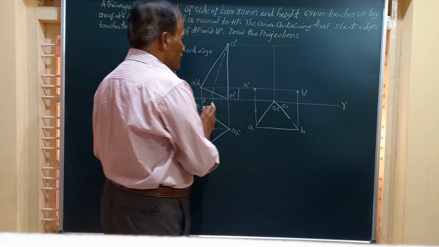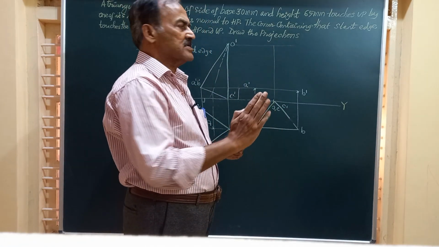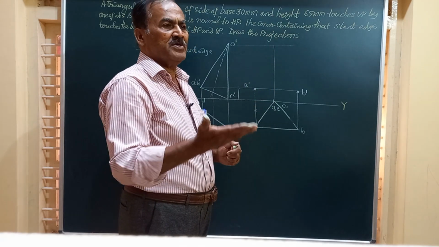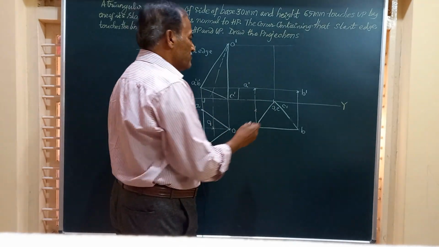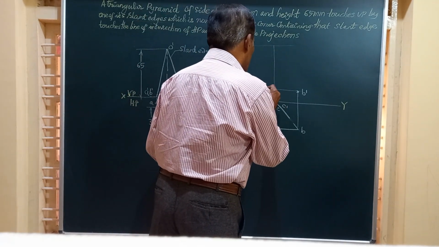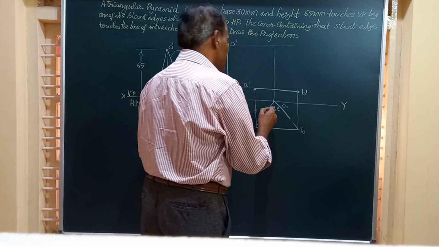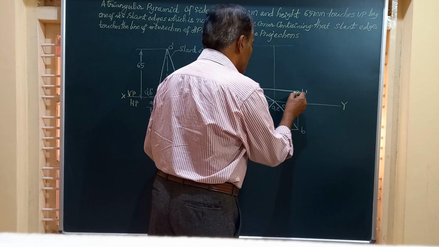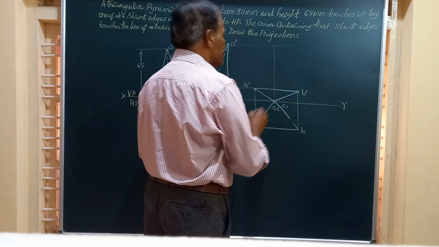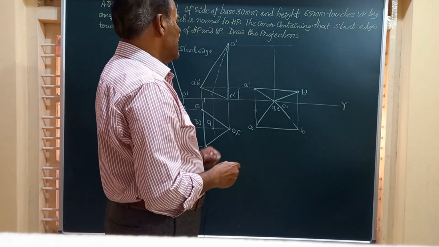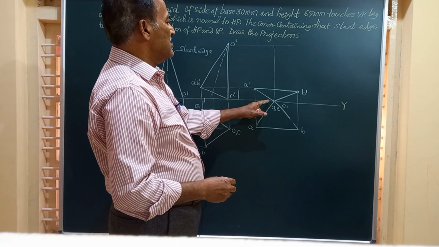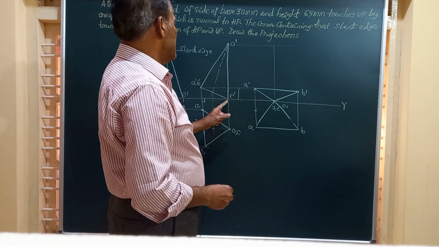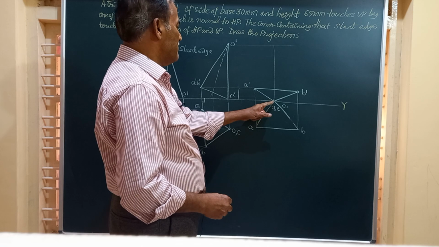Friends, when you have this object resting on this slant edge on VP, the complete base is visible. So I am going to draw the line A dash B dash visible, A dash C dash visible, B dash C dash visible. And friends, you can see here it is resting on one of the corners of the base.